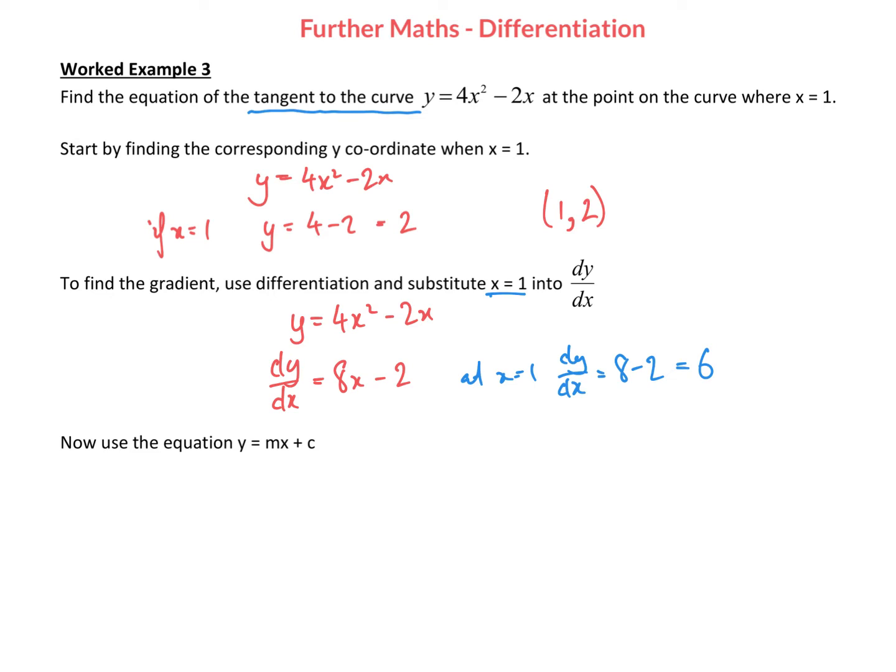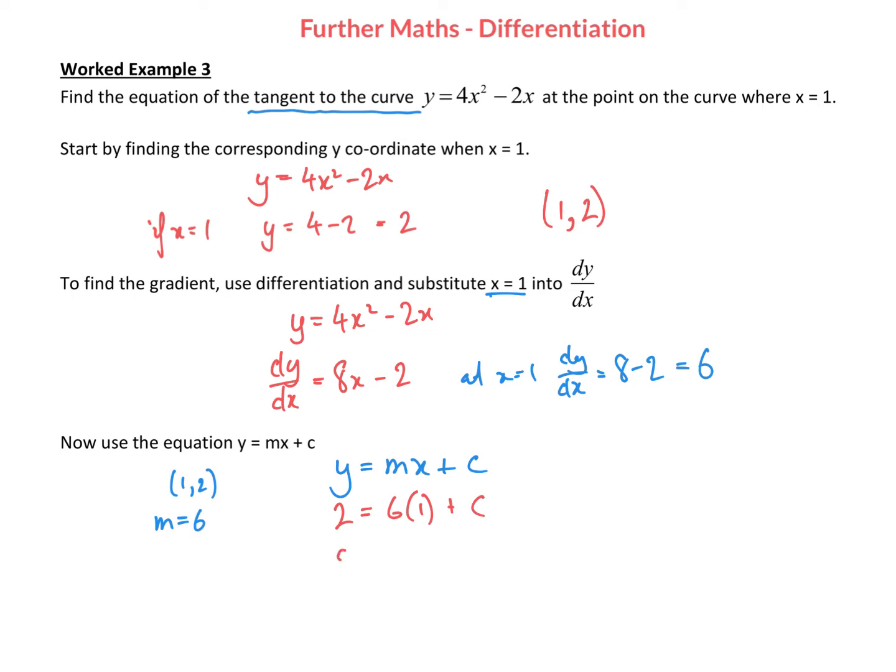So we're going to use y equals mx plus c. I know that we're going to use the point 1, 2, and we're going to use the gradient as 6. Remember, in y equals mx plus c, m stands for the gradient. So let's fill these in. y is 2, when the gradient is 6, the x value is 1.